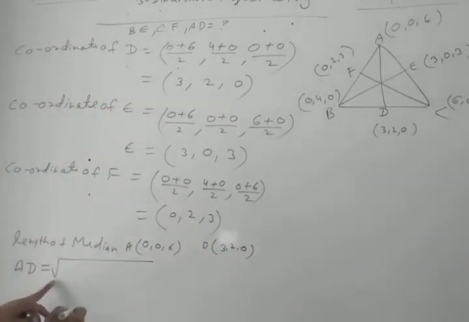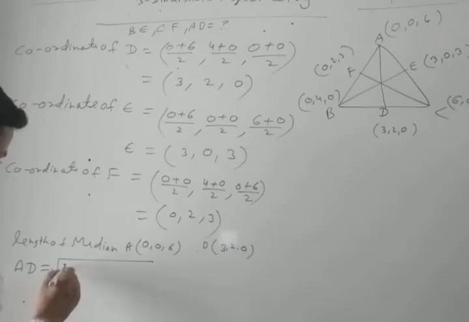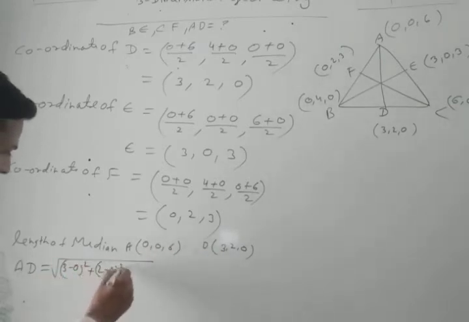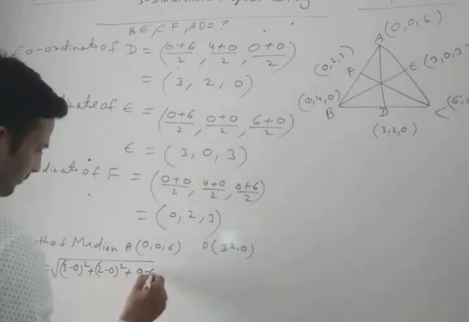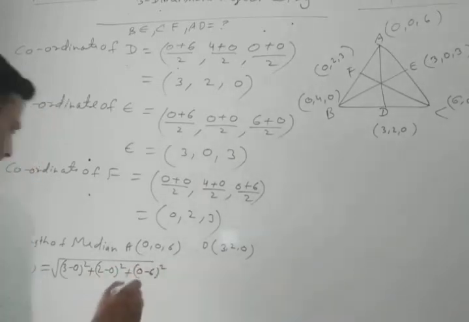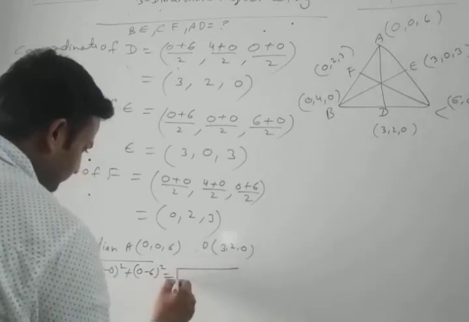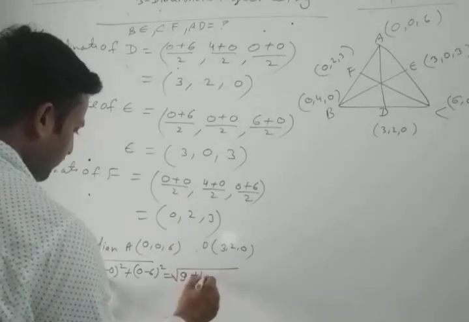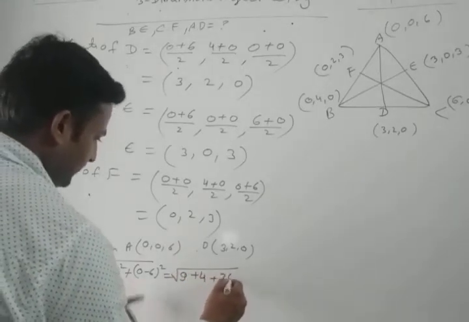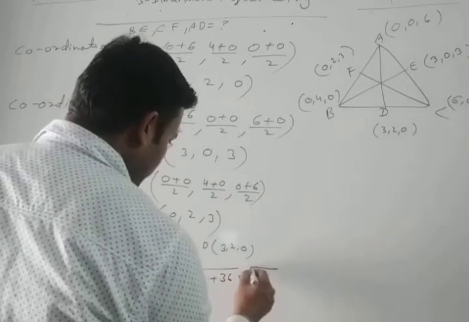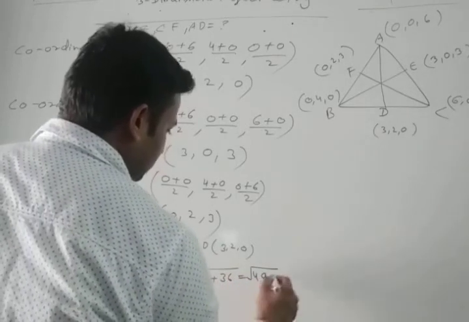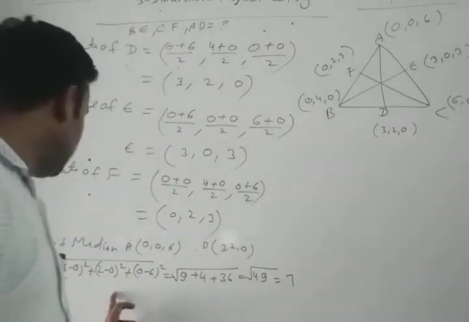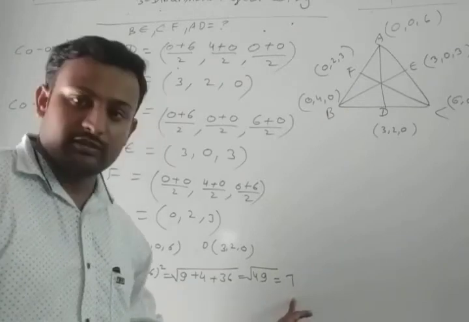So the distance is the square root of (3 minus 0) whole square plus (2 minus 0) whole square plus (0 minus 6) whole square. It will be 9 plus 4 plus 36, which is 49, and it will be 7. The length of the median AD is 7.